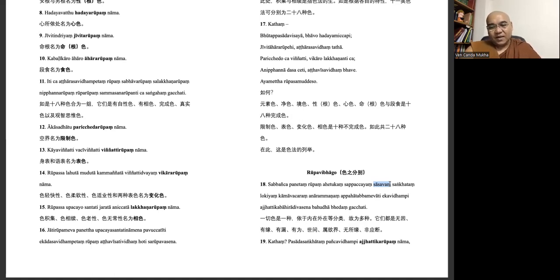Like air conditioned, like the air we condition, then it changes into another form. So also rupa, the materialities, they are conditioned.